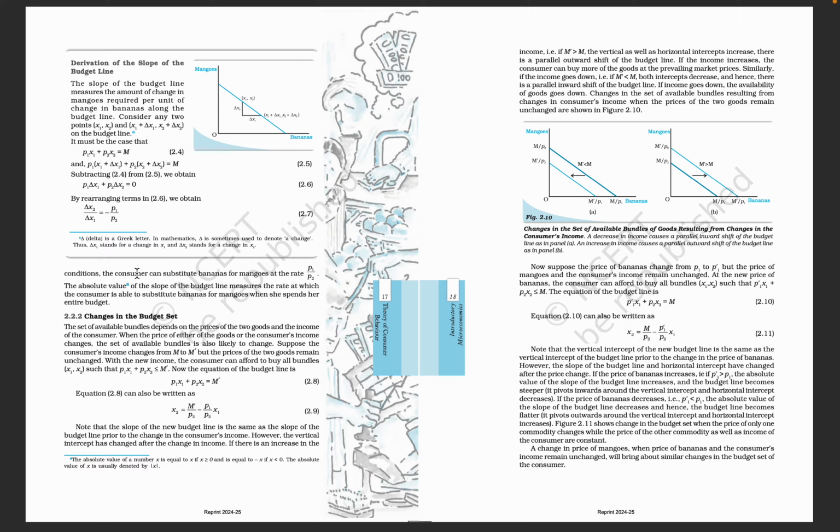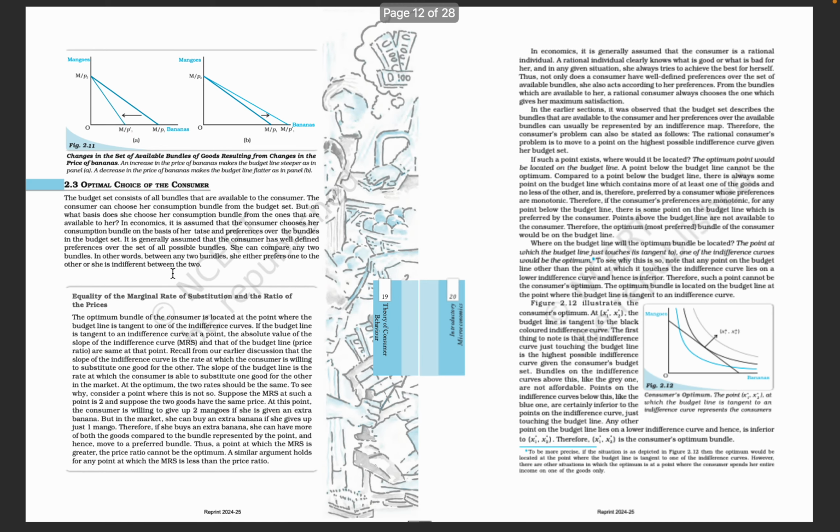Figure 2.11 shows the change in the budget set when the price of only one commodity changes, while the price of the other commodity as well as the income of the consumer are constant. A change in the price of mangoes when the price of bananas and consumer's income remain unchanged will bring out similar changes in the budget set of the consumer.